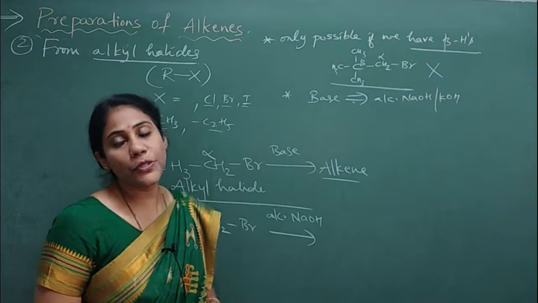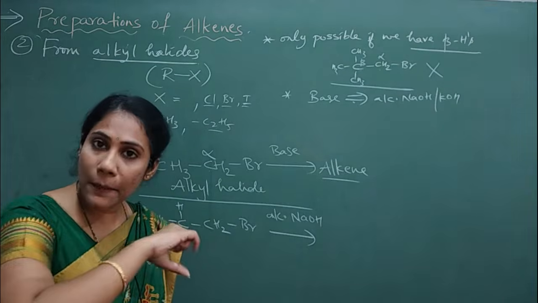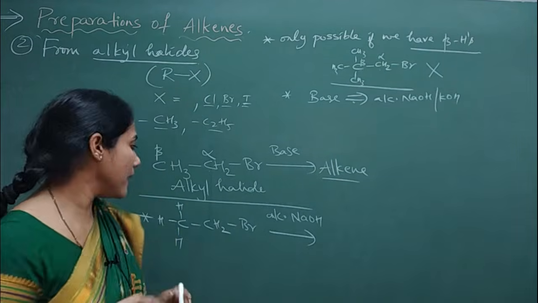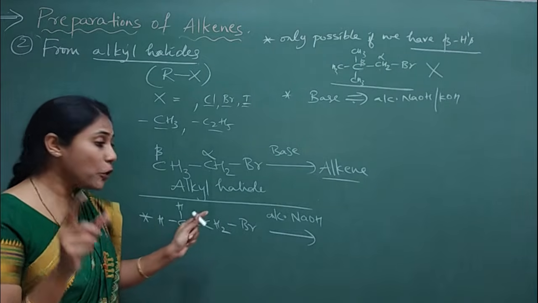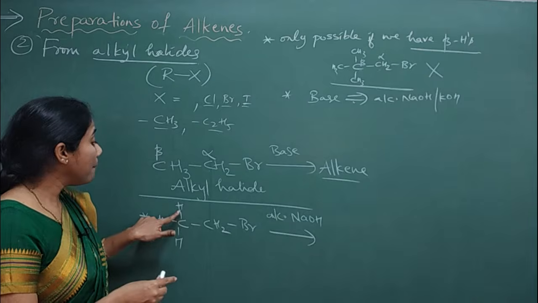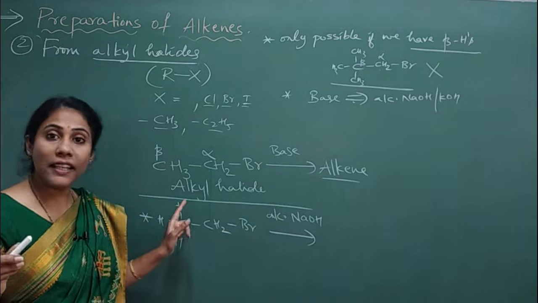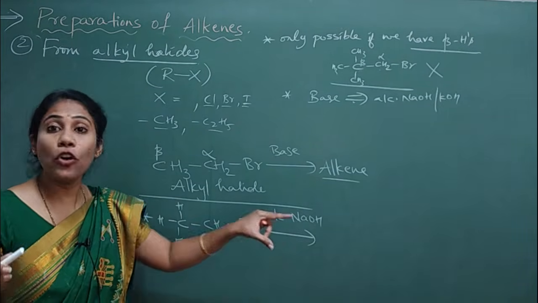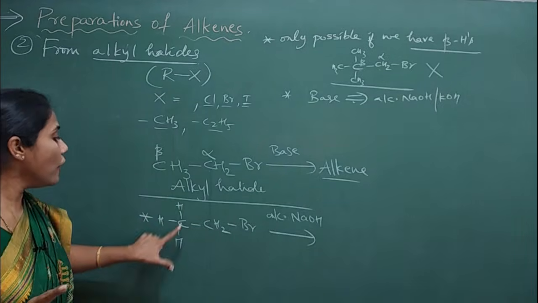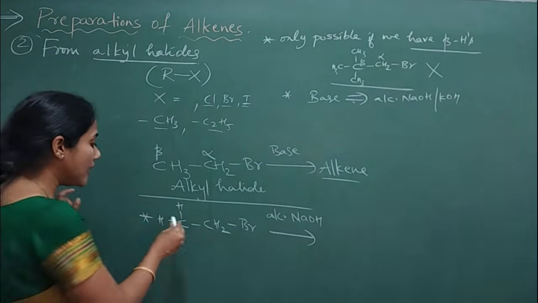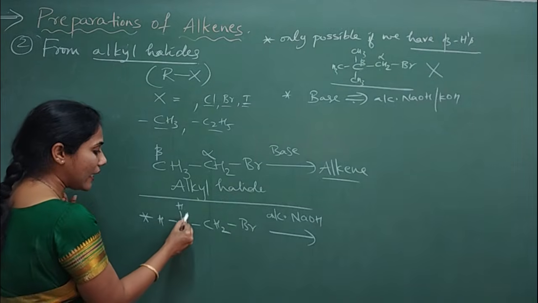So what will a base do? A base actually abstracts a proton. That means the base takes one proton. Which proton can the base take? A beta hydrogen can always go out easily. So the base can abstract any one of the beta hydrogens. There are three beta hydrogens; this is the beta carbon, isn't it?